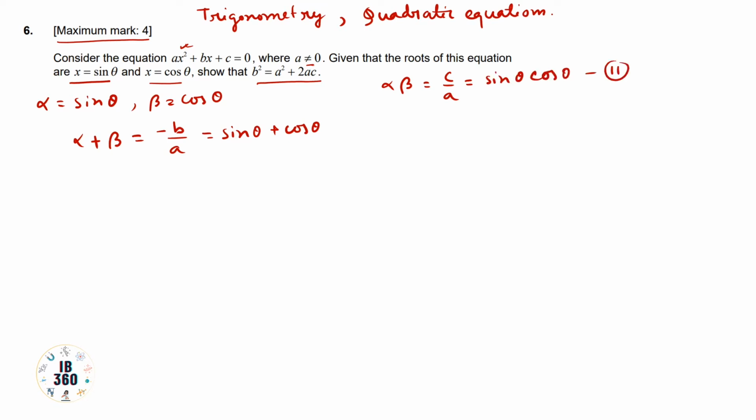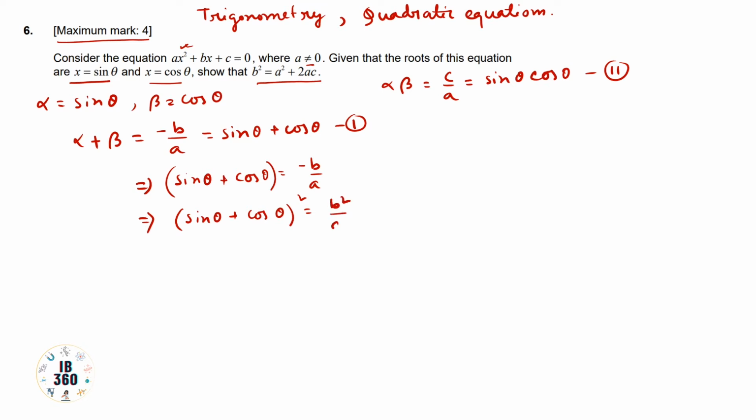This is equation 2 and this is equation 1. So from here we are getting sine theta plus cos theta equals minus b by a. If we square this, sine theta plus cos theta whole square equals b square by a square.